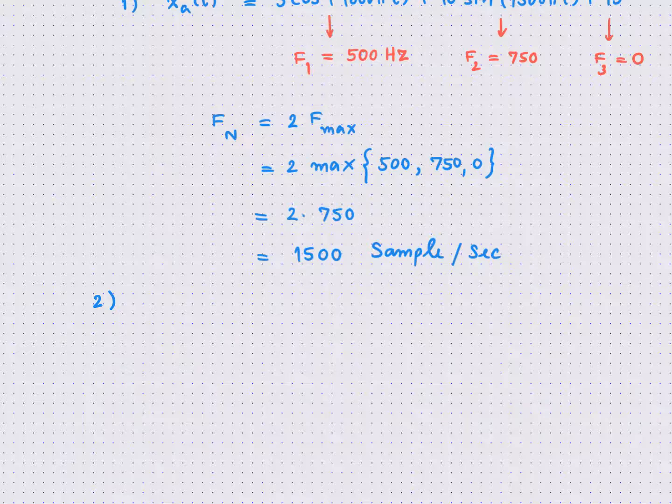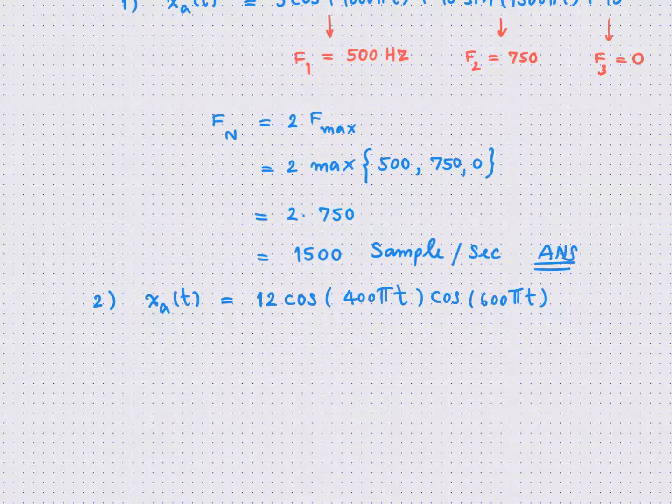In the second example here, I have the signal xa(t), which is a product of two sinusoids. Let's say the first one is 12 cosine 400 pi t, and the second one is cosine 600 pi t. If you remember from the principles of communication class, multiplying two cosines is called modulation.